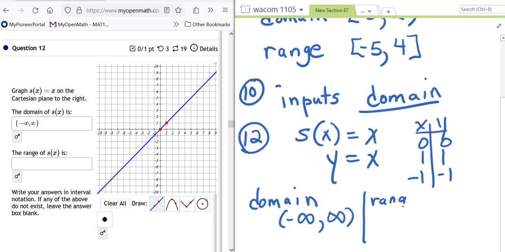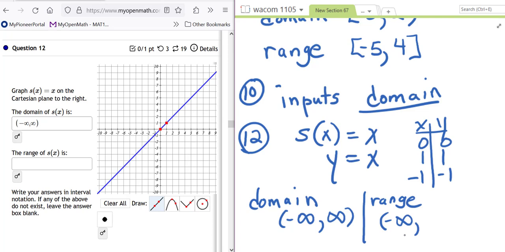Then we'll stop, okay? All right, so range on this one is lowest to highest. So look at this piece that's going down. It goes down forever. When you write it, you're talking about coming from the bottom to the top, or lowest to highest. So the lowest is negative infinity.